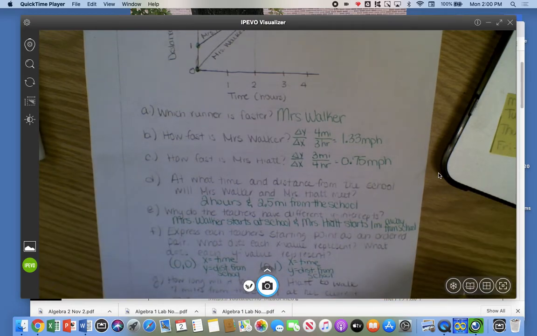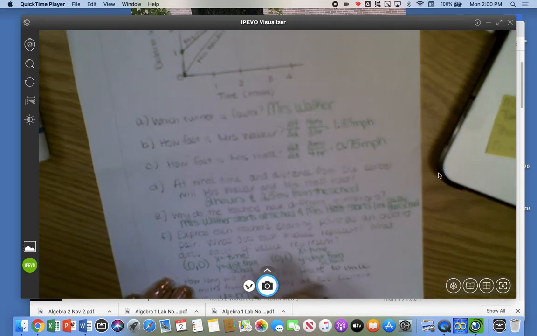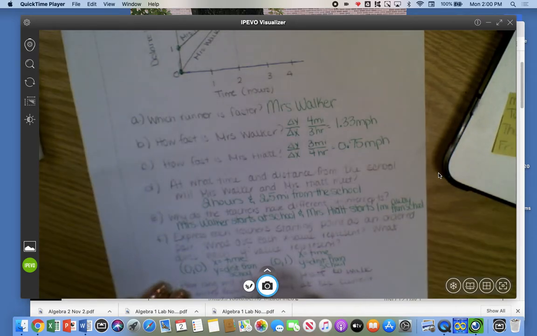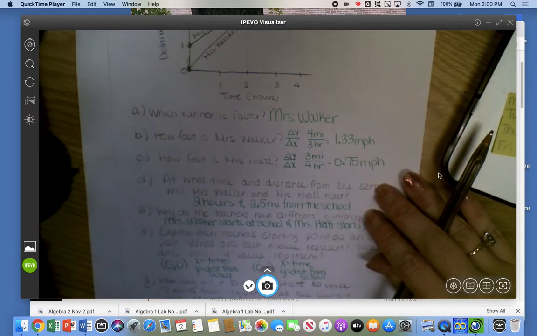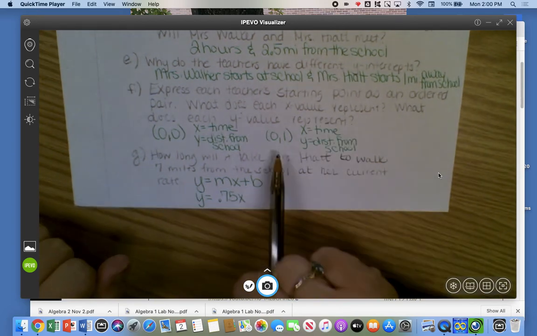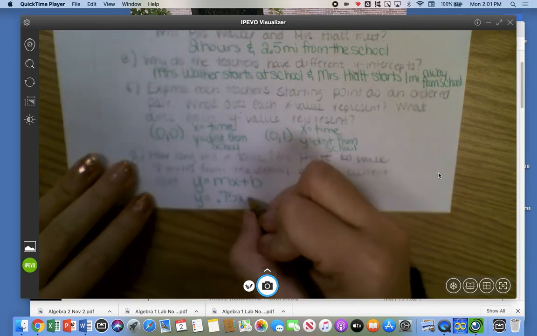All right, now it says, how long will it take Mrs. Hyatt to walk 7 miles from the school at her current rate? So if you look at this, her line, if you wanted to write an equation for her line, mx plus b, we know her slope is 0.75. We found that from this example. All right, then we know her y-intercept is at 0, 1. And so we can say our b value is a +1.